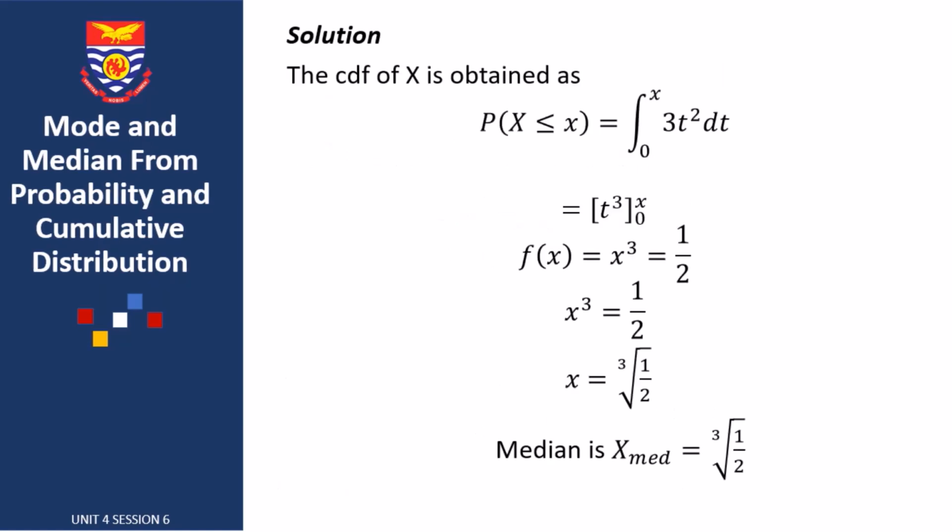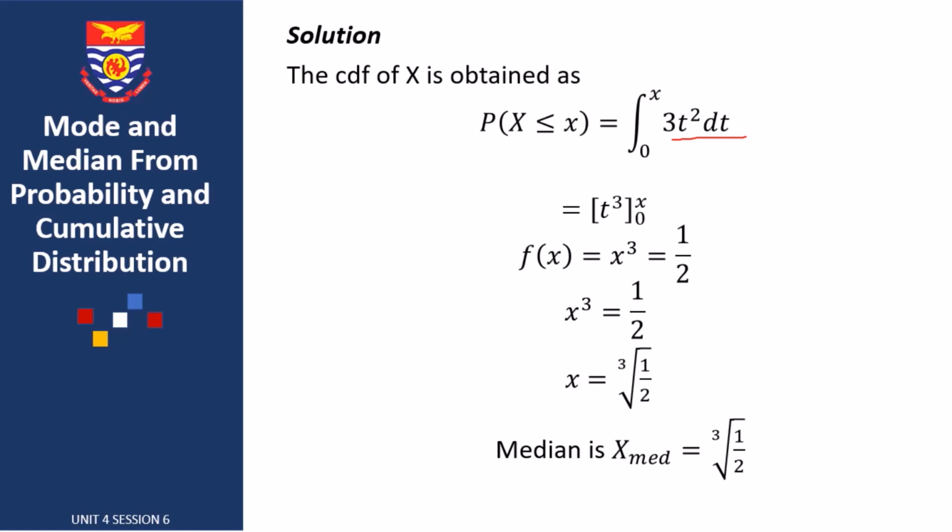To find the median, we realize that for x less than or equal to small x, we integrate from 0 to x, replacing our x in the function with t, and we integrate with respect to t. Integrating this will give us t cubed, with limits 0 to x.